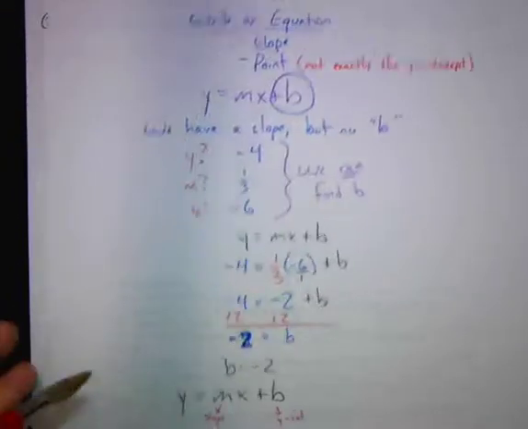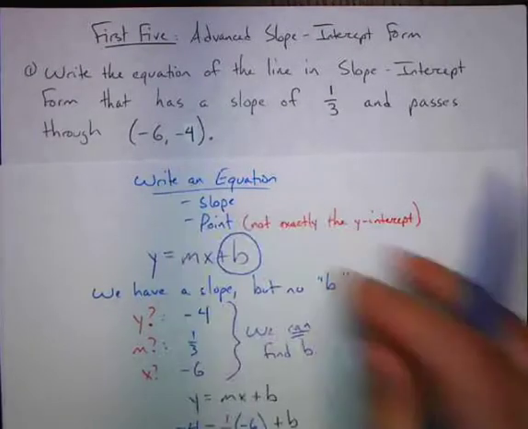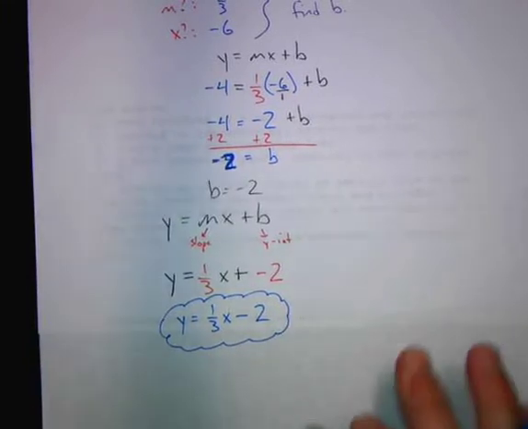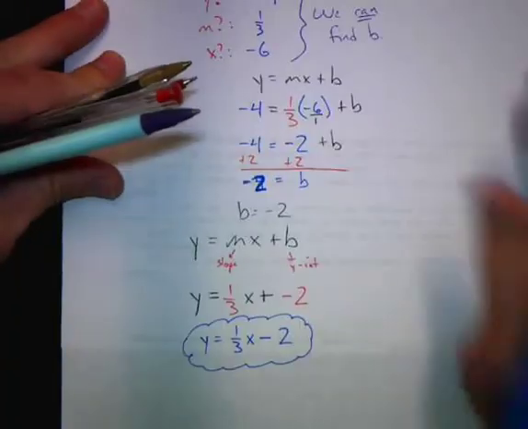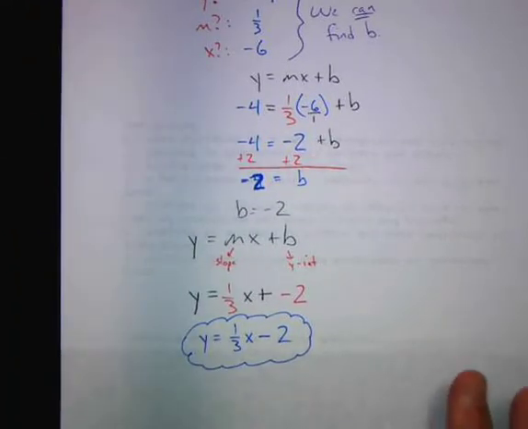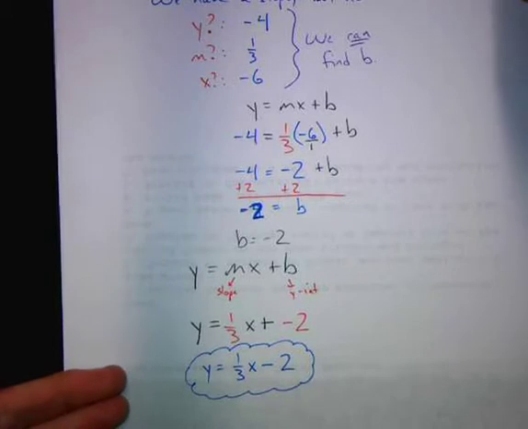The equation of the line that has a slope of 1/3 and passes through this ordered pair. Here's what that equation looks like. Okay, and when you plug in this ordered pair, when you plug in -6 for x, -4 for y, we will have a true equation. And that's how we can use the more advanced form of slope-intercept form for that question.